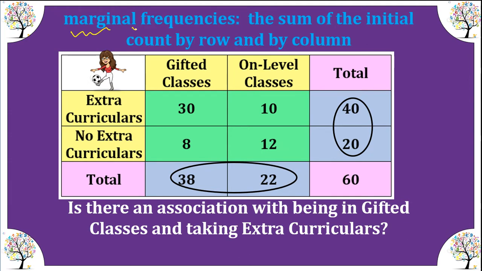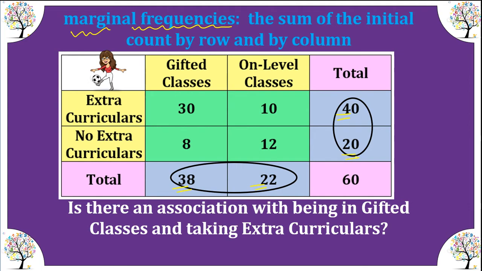Marginal frequencies. So let's jot that in your notes. Marginal just means the totals in the margins. Okay, your margins is kind of like at the perimeter of your paper, or in this case, your chart, the margins. So these totals are called marginal frequencies.